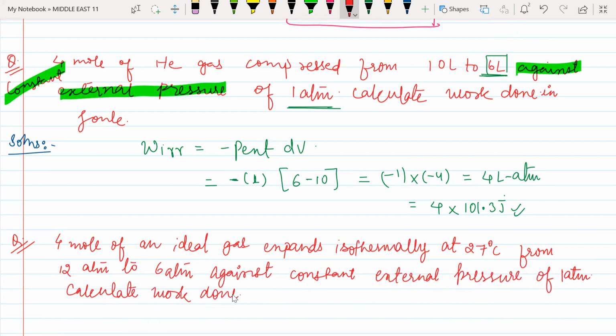Sir, is it 12 liter to 6 liter? It's 12 atm.